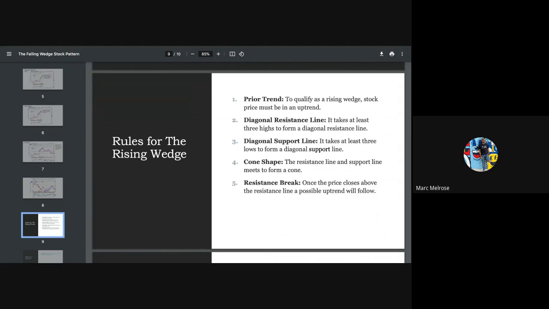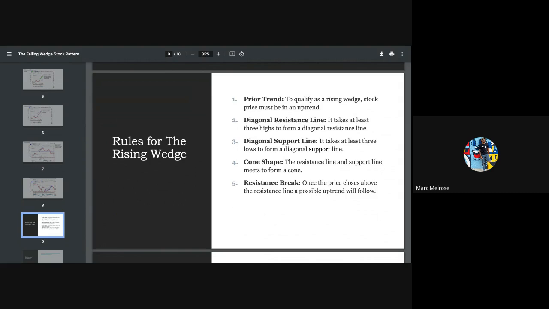After that, draw your diagonal resistance and diagonal support lines. If it's creating that cone shape, and it doesn't necessarily have to, but if you have nice diagonal support and resistance lines and it breaks underneath, it'll probably be going down.